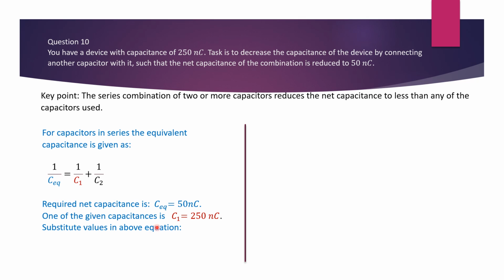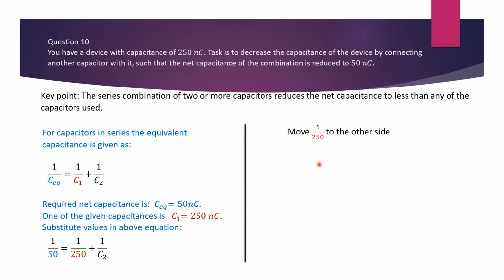One of the given capacitances is C1 equal to 250 nanocoulomb. That is given here. You have a device with capacitance of 250 nanocoulomb. Now substitute these values in the above equation to result in 1 over 50 is equal to 1 over 250 plus 1 over C2.